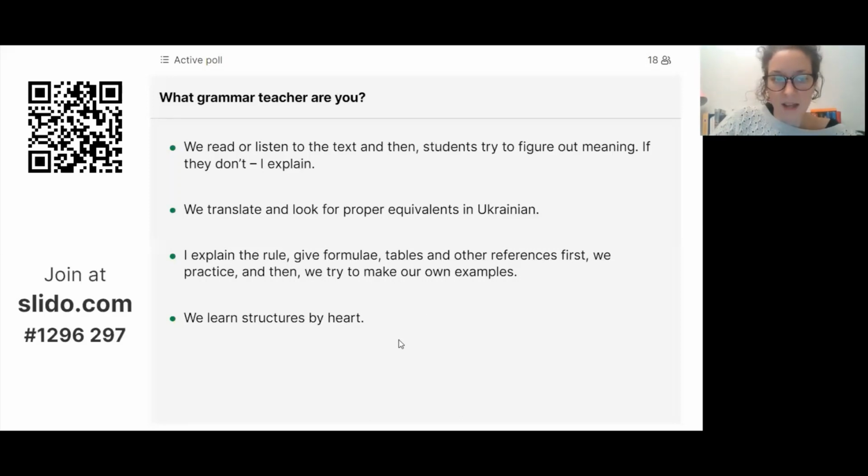Okay, so you go to slido.com and you enter this code, or you just scan the QR code if you have your phone in front of you.